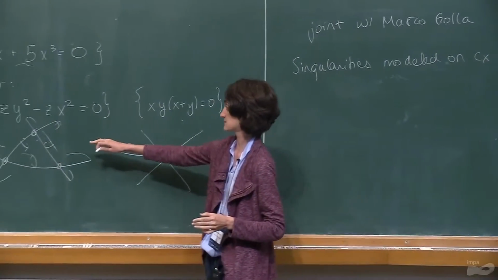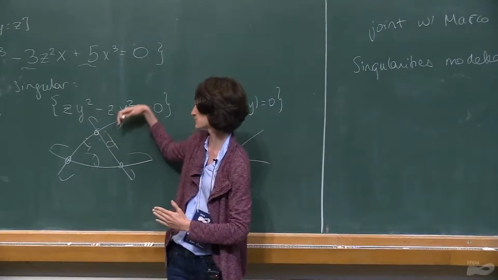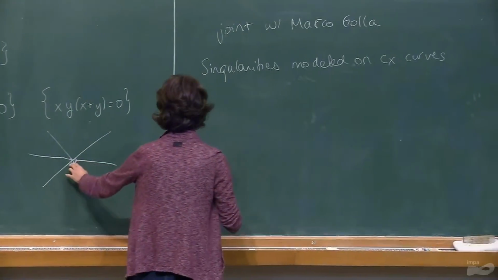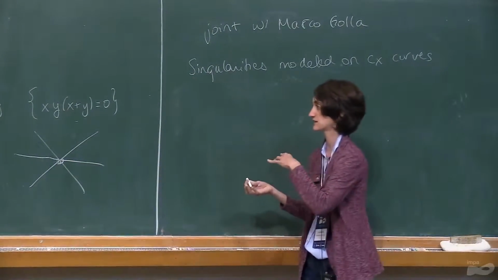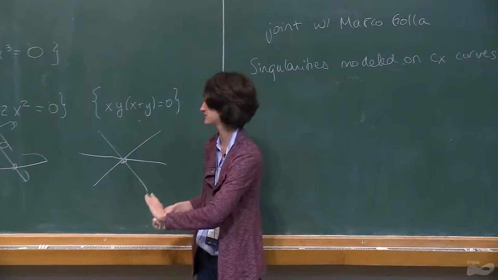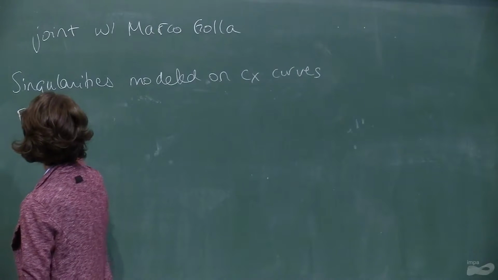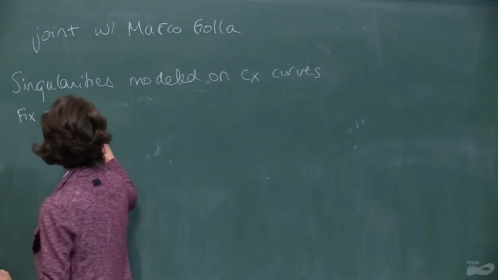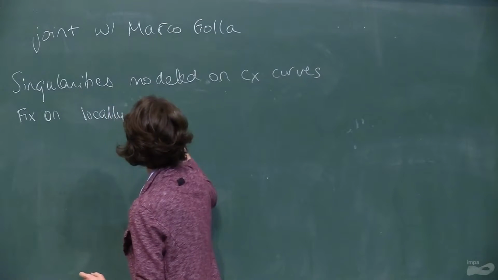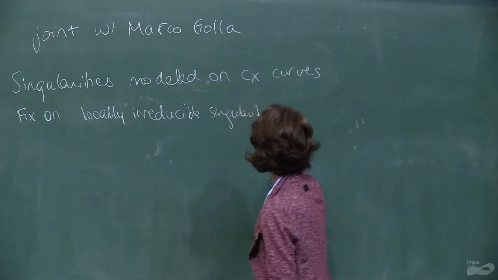In these cases where the curve breaks up into components, we have multiple branches coming in at the singularity. So I'm going to restrict so that instead of having multiple branches, I just have a single branch in my singularities. So we'll fix on locally irreducible singularities.